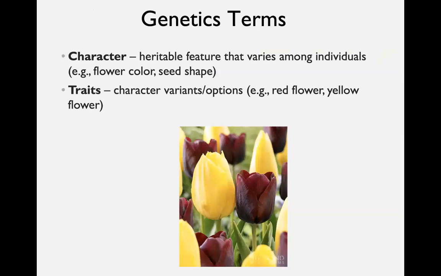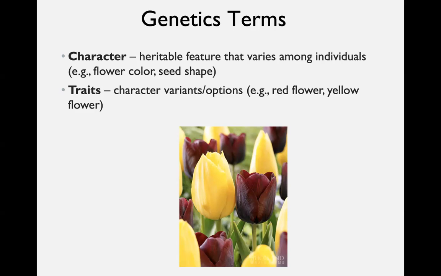Okay, a few more terms here. So I mentioned character. A character is the heritable feature. And when I say heritable, it just means it can be inherited from one generation to the next. And it's going to vary among individuals. So from the previous slide, the examples would be flower color, seed shape.